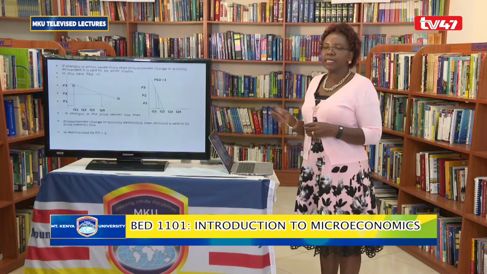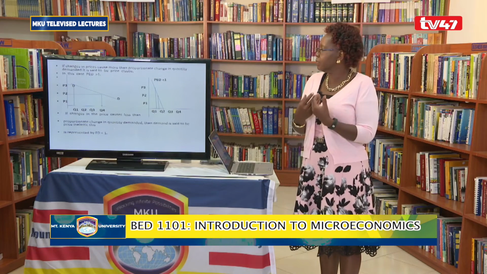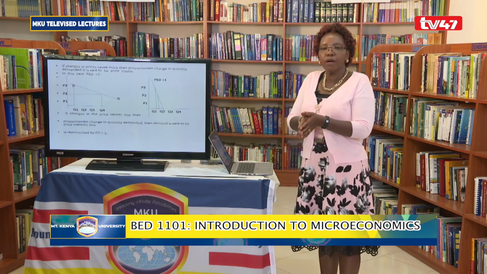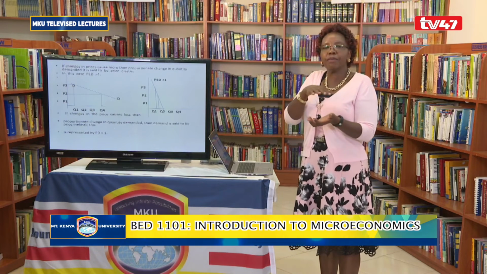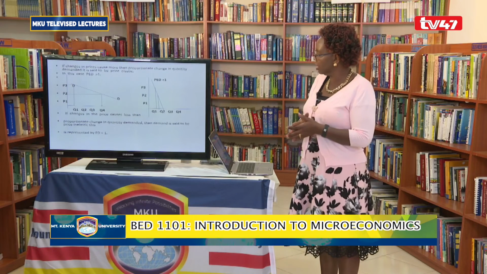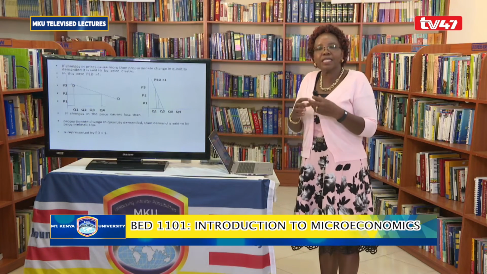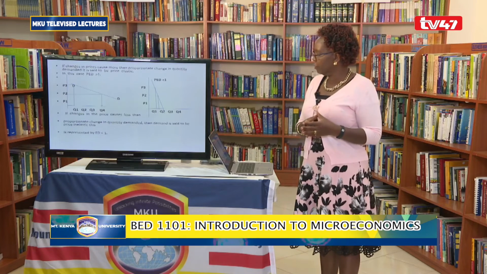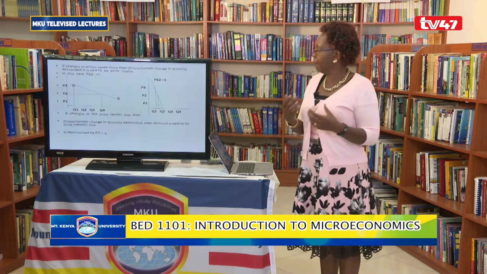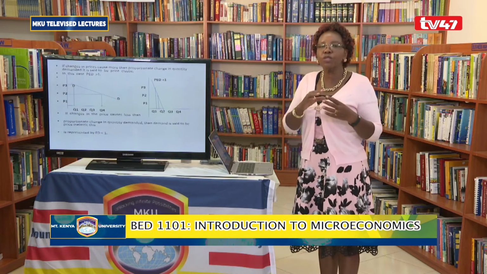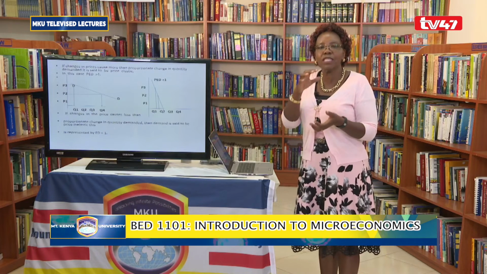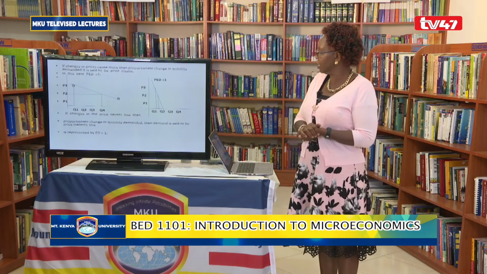Supposing this product is foodstuff, which I must consume, whether there is a drastic change in price or not. It means I may just adjust in a small way. For example, when the price of maize flour goes up, I'm just likely to reduce the amount of ugali that I make. But essentially, I'll still make almost a similar quantity.